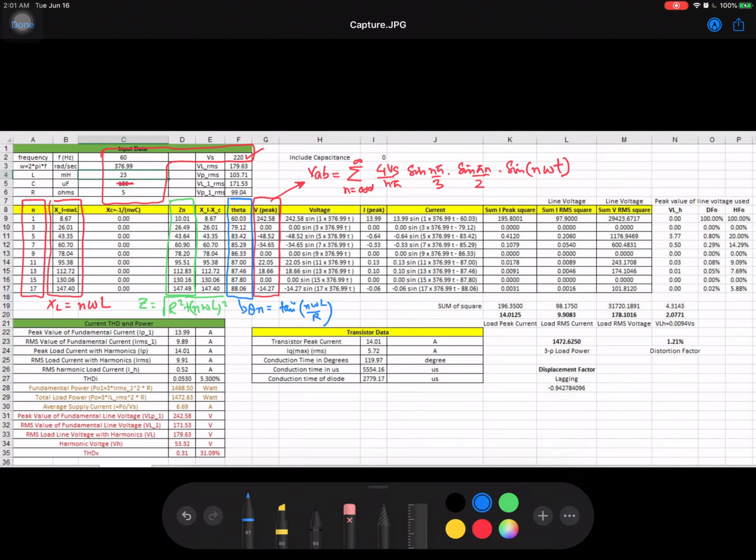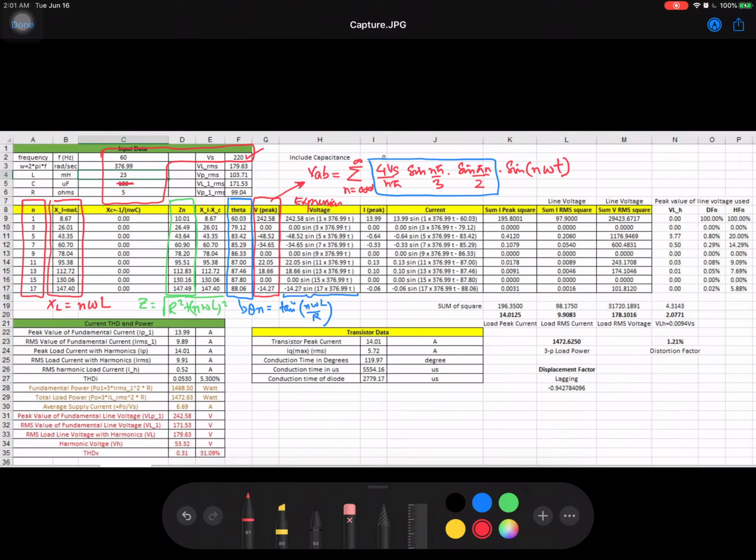So using this part, you can find out the magnitude, and that is calculated in this column. Then using the values of n, we can write down the expression for the voltage, that is shown in the next column. This is representing the expression.